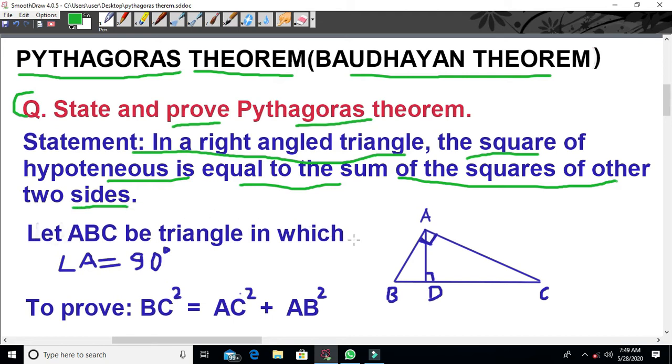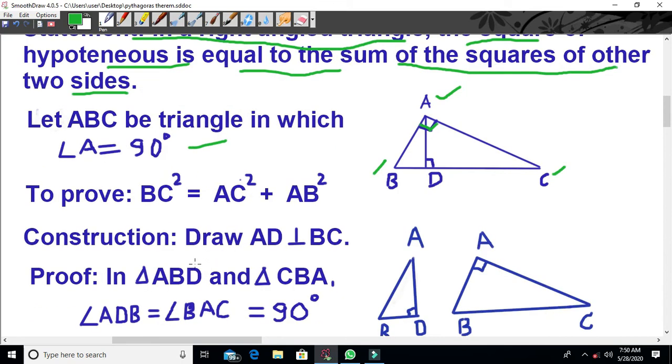So we have one triangle ABC in which angle A is 90 degrees, and we have to prove BC square is equal to AC square plus AB square.